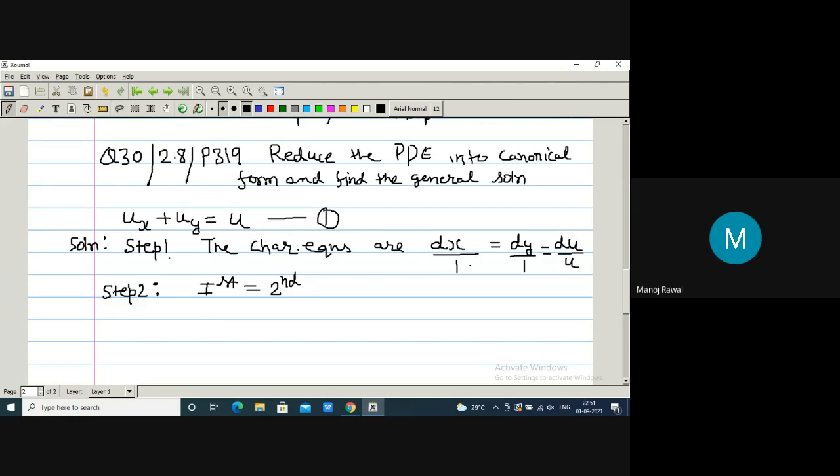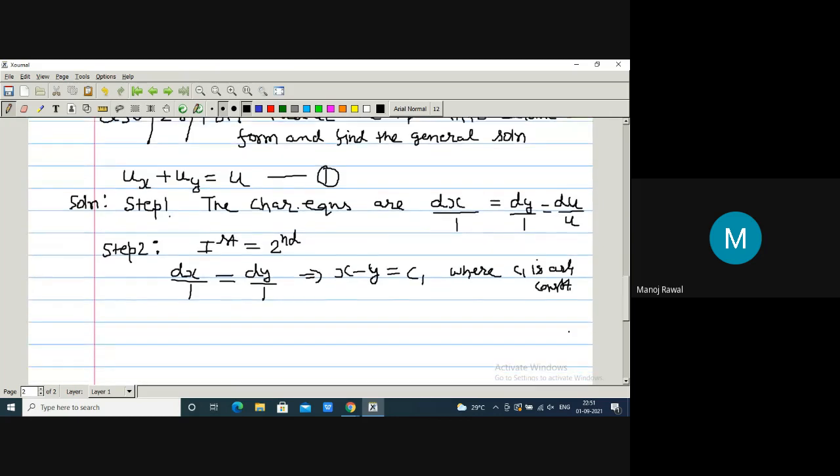When I solve first is equal to second, dx upon 1 is equal to dy upon 1, and you get x minus y is equal to constant. Call it C1, where C1 is an arbitrary constant. So step 1 and step 2 we have done.